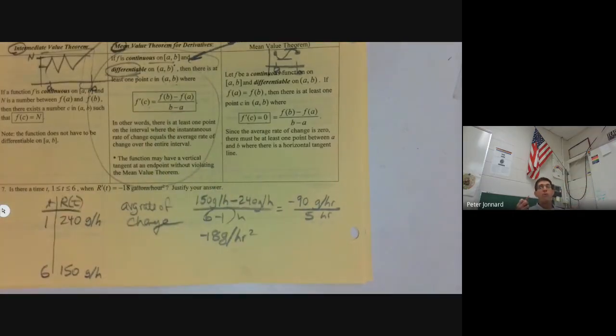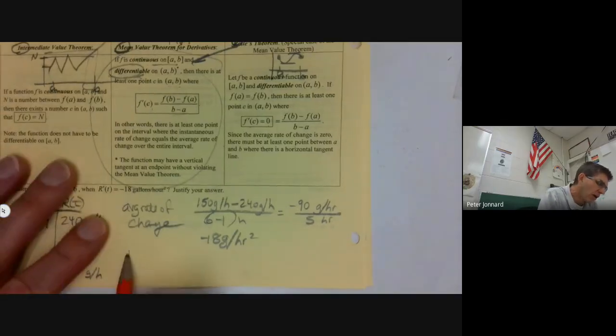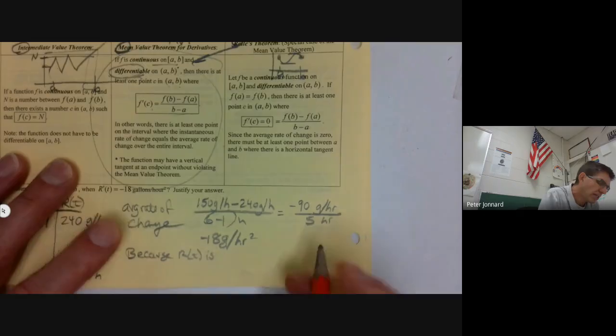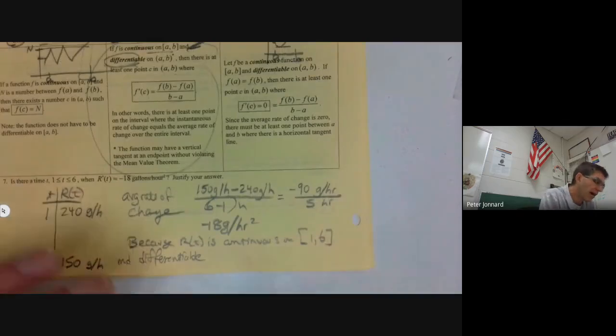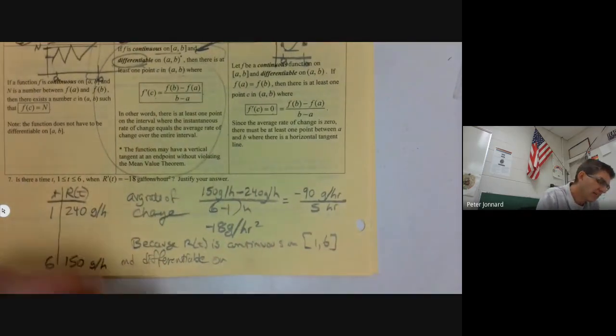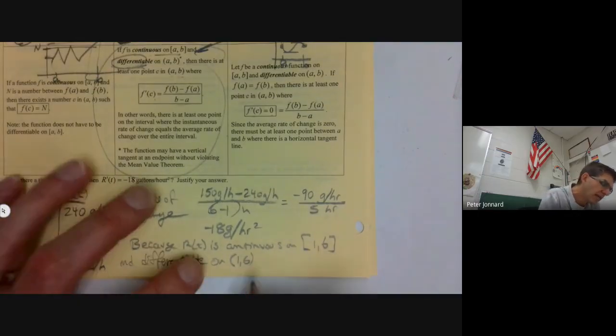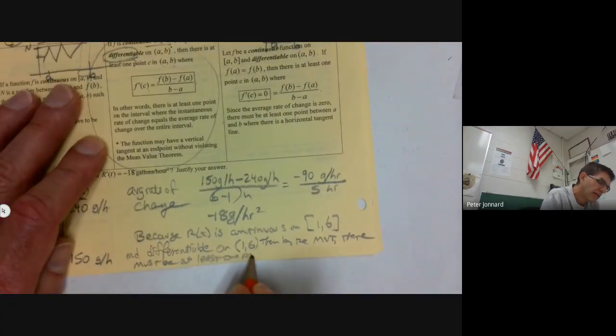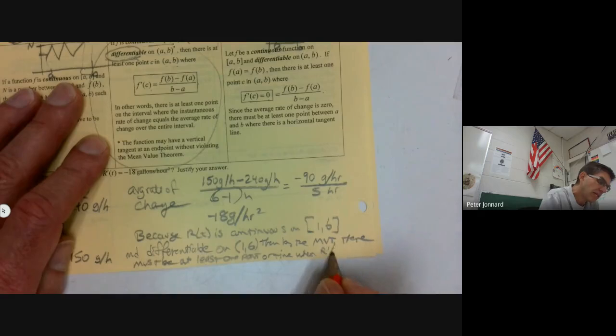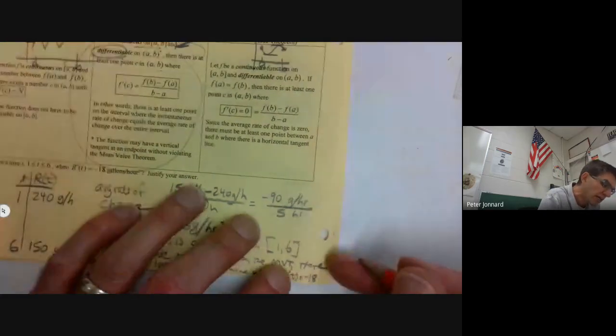Even though I can't tell you where that point is, because R of t is continuous on [1, 6] and differentiable on the open interval (1, 6), then by the MVT there must be at least one point, and we call that C, at least one time when R prime of t equals negative 18 gallons per hour per hour. The mean value theorem guarantees it.